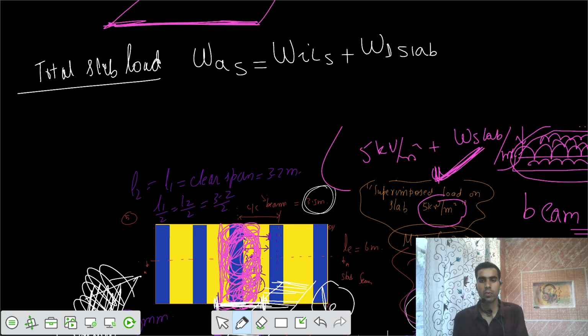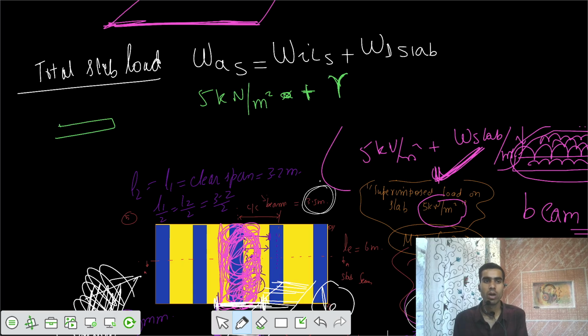I would say the imposed load on the slab is 5 kilonewton per meter square, and one more load per meter square for the slab is gamma times thickness.